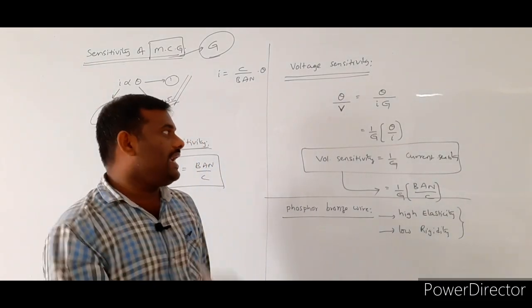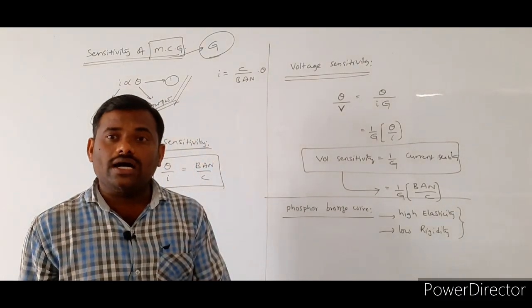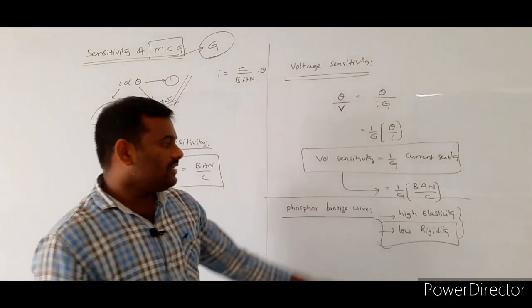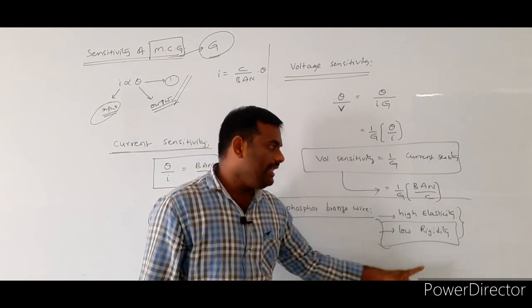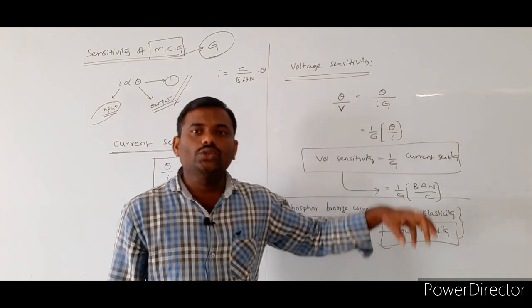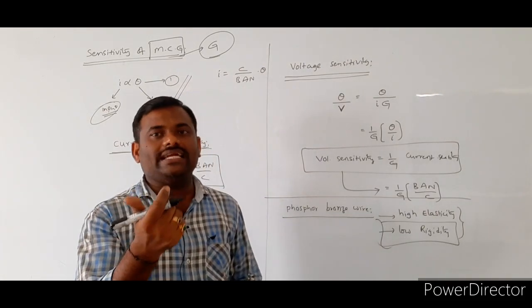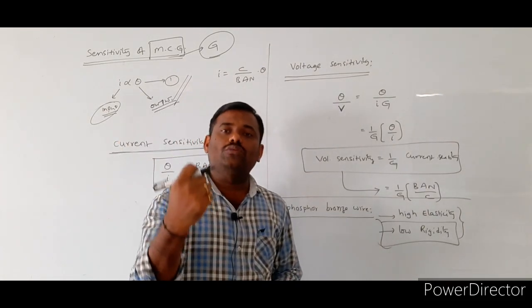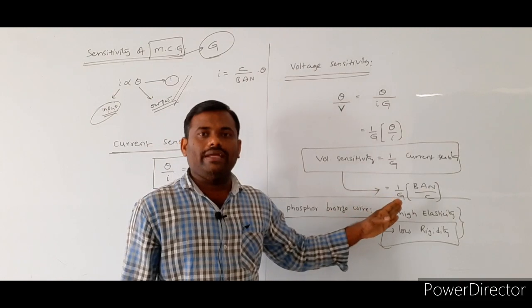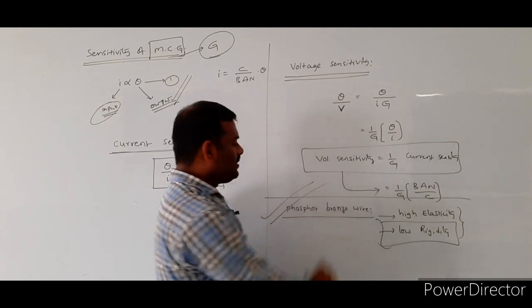What is the reason behind this? The phosphor bronze wire, which is used to connect the rectangular current carrying coil, has low rigidity. Due to the low rigidity, it is easily twisted. As a result, even for small currents, even for small voltages, the moving coil galvanometer will produce large deflections. That is the need of phosphor bronze wire.